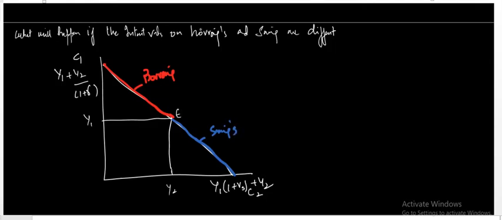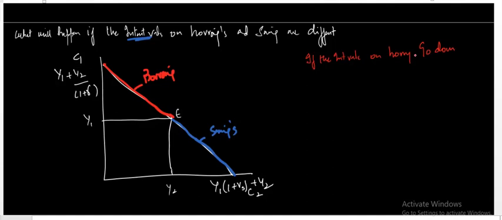Now what I'm assuming is that the interest rates for borrowing and savings are different. Let me say, for example, what is going to happen if the interest rate on borrowing goes down?